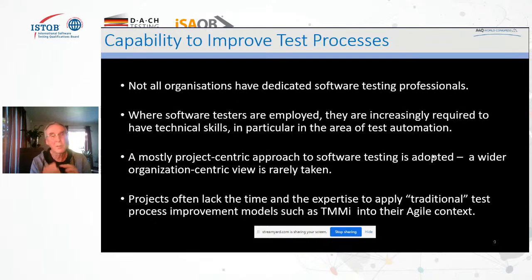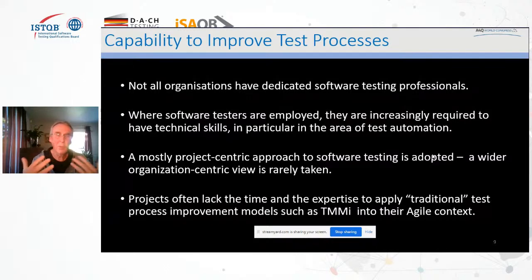How can we make some kind of process improvement that will benefit all of those projects, rather than them approaching things from just their project-centric view? So that kind of shocked me just a little bit. I thought that there was more organizational consideration taking place, but not really.